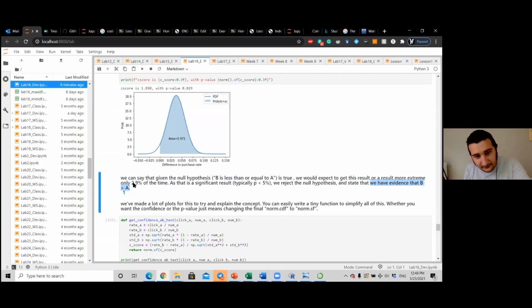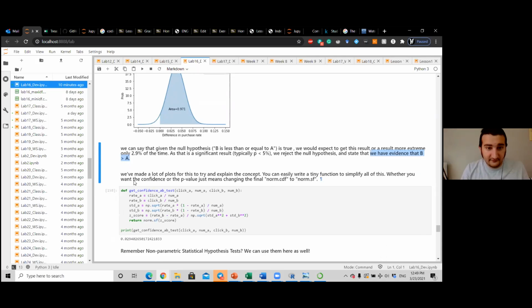If the calculated p-value was greater than 5%, we would say B is equal or less than A, so we would stay with A. But since our calculated p-value is less than the significance level, less than 5%, we are going to reject the null and say, no, B is in fact better. Let's change the design.